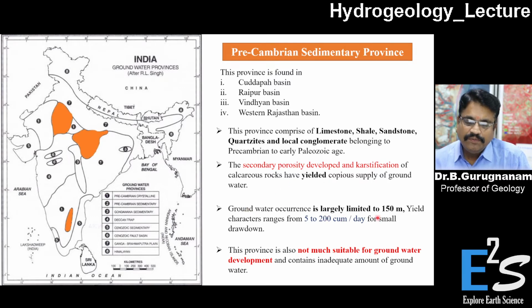Groundwater is largely limited up to a depth of 150 meters. Yield varies between 5 to 200 cubic meters per day. It is not much suitable for groundwater development, but you will be able to get a good amount of water. But in terms of quality, we have to be very careful in this area because of the calcareous nature.